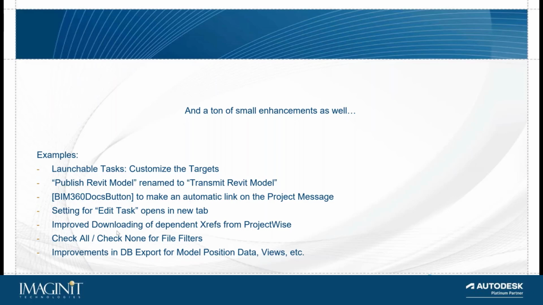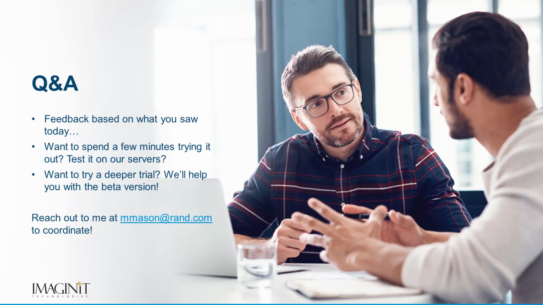We've got some features for linking directly from your Clarity project homepage to the BIM page, better handling of XREFs within ProjectWise for tasks, better UI for file filters, and data export for models, views, and that kind of thing. A bunch of smaller enhancements as well. So that's what's included in our 2023.1 version.